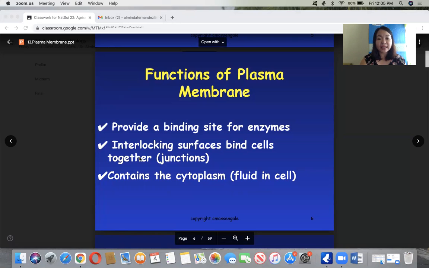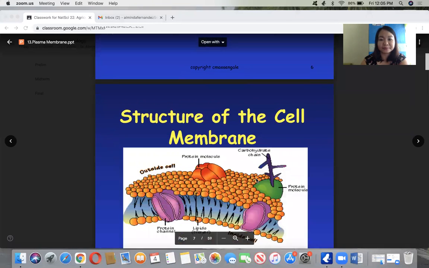Next, interlocking surfaces bind cells together, so it's also where junctions or combinations take place, and it contains the cytoplasm, the fluid inside the cell.